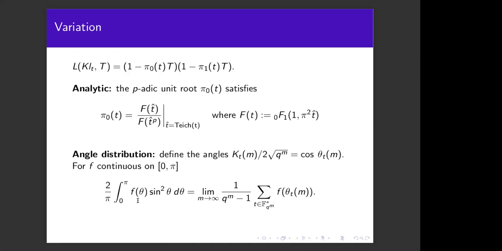If f is a continuous function, and you take this integral with weight sine squared, you get that it's equal to this averaging of the function evaluated on these Kloosterman angles. Again, this also tells you something about the distribution of these Kloosterman exponential sums as t varies.